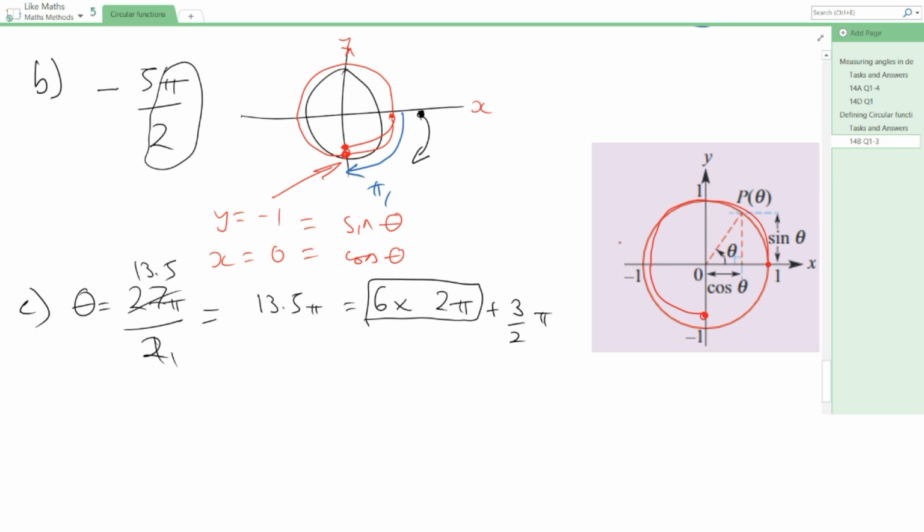So it's down here where y is -1, x is 0. So sine of theta, which is the y, is -1. Cos of theta, which is the x, is 0. Scrolling down.